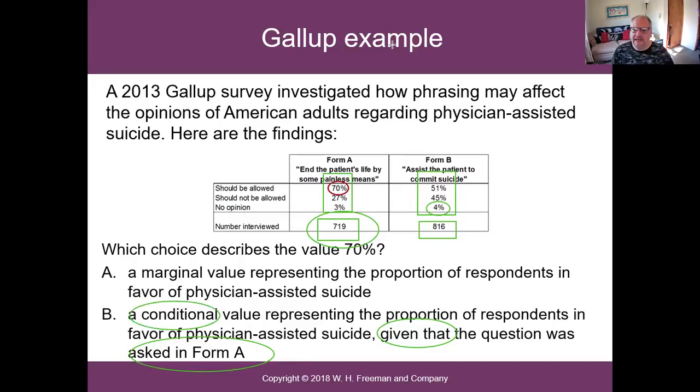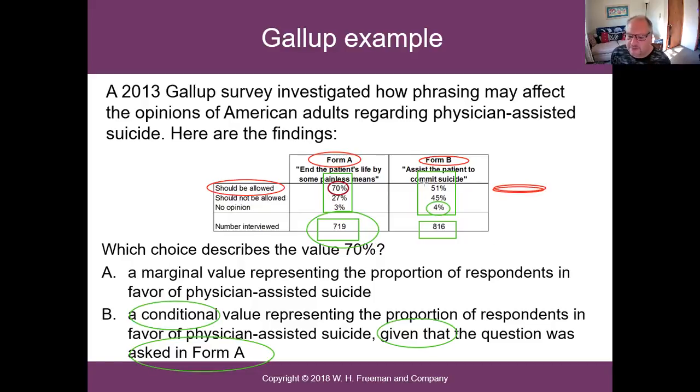Where would we see the answer for part A? Let's talk about that for a minute. Where is the marginal value representing the proportion of respondents in favor? That would be the number that would have been right here, right? Because this is the people that believe it should be allowed, regardless of how it's phrased. It would be the sum of whatever this number is right here. We don't have enough information to answer that, actually. Well, we could.